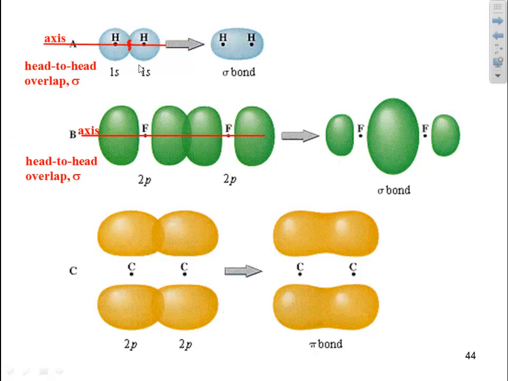You can see once again, my overlap is along the axis. This is a head-to-head overlap and also a sigma bond. Last example, you can see here's my axis, and you can see my overlap is above the axis and below the axis. This is a side-to-side overlap and called a pi bond.